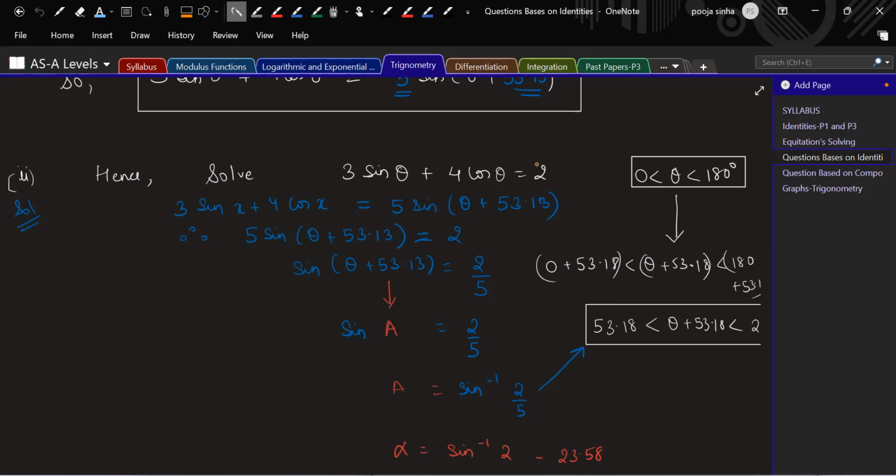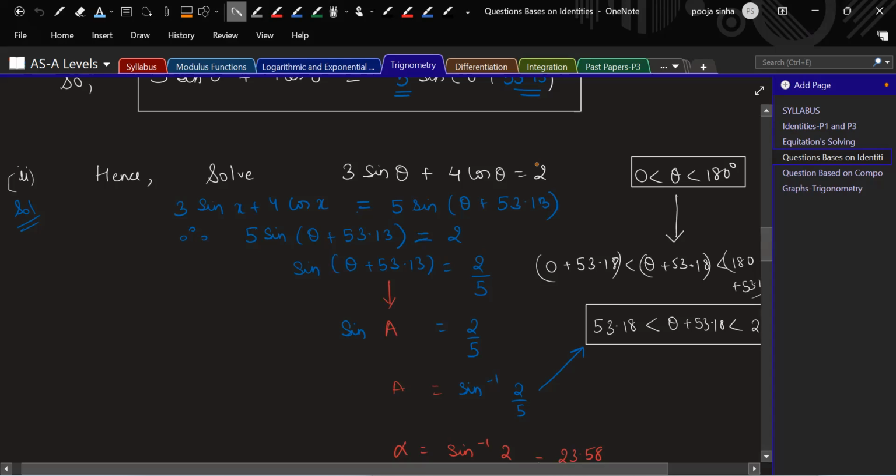Now this can be solved just by ASTC in this particular question. Now that you know that 3 sine x plus 4 cos x is equal to what we just found out, we had brought it to this form, right? Yeah. So can I say that this whole thing is equal to 2? So now figure out the answer.